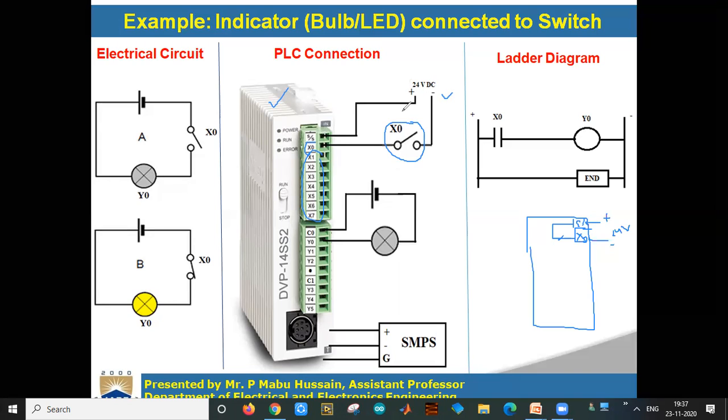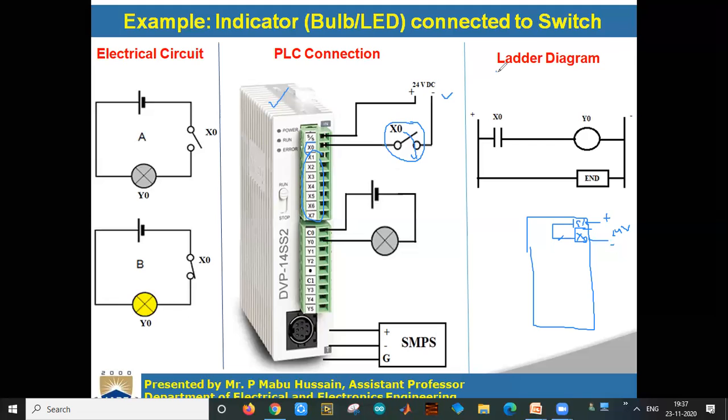Now when the switch is in open condition, no power supply will be given to X0, so it will not be energized. Whenever you close this switch, this 24 volt supply will be given to X0, then X0 will be energized. Depending upon that condition of X0, you have to write the program, right?